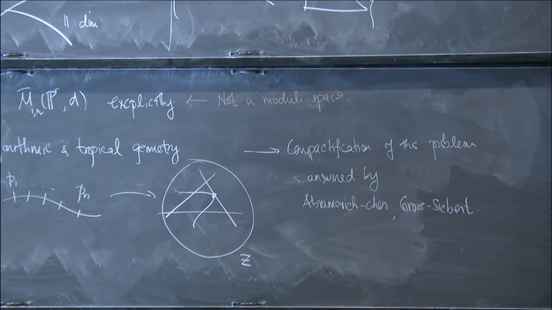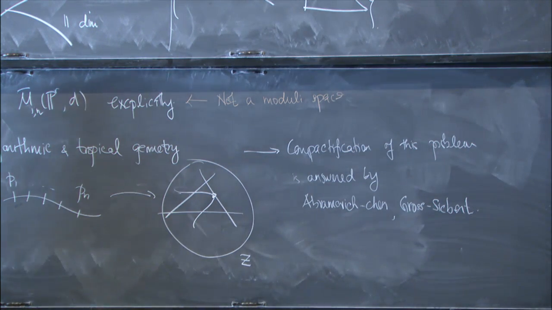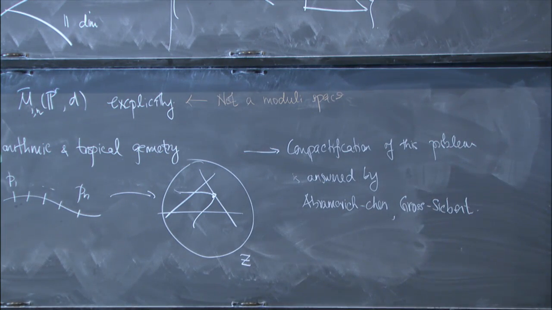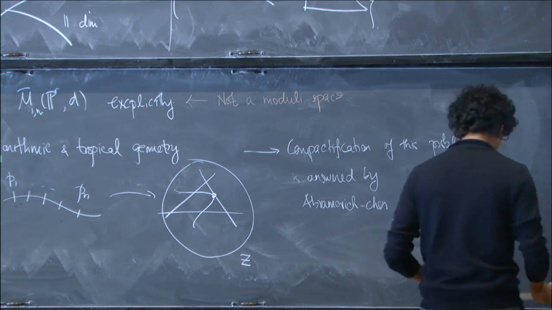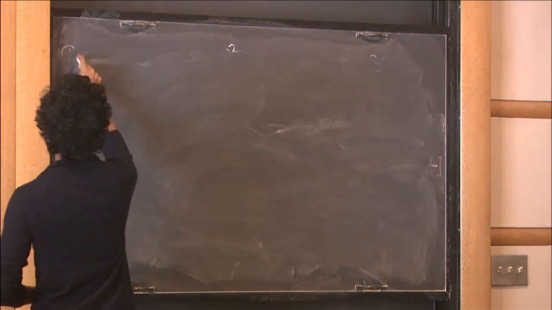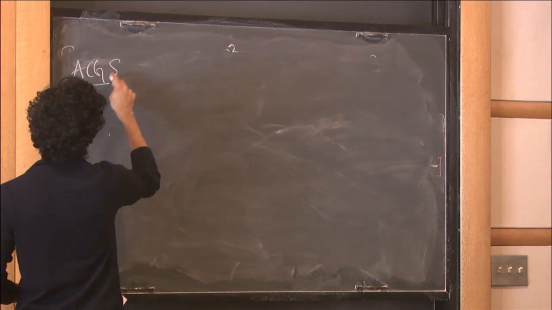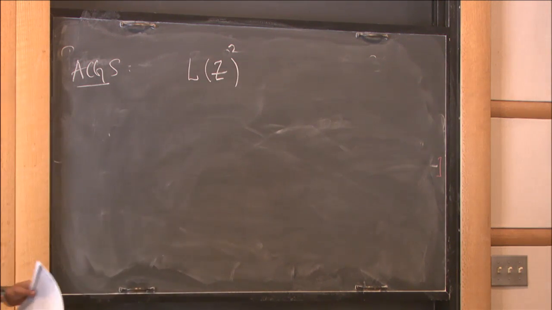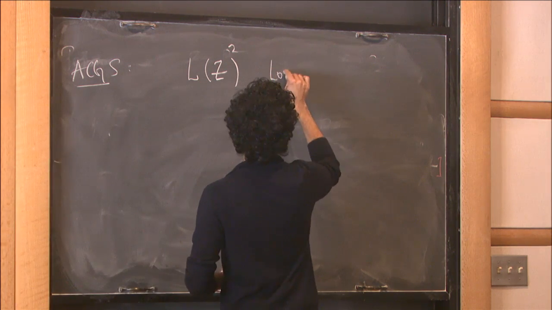If so, great. I'm going to sidestep this completely by giving you a fake definition. Okay, so what's the point? ACGS, they construct this proper moduli space L of Z that I want. This is called the space of logarithmic stable maps.